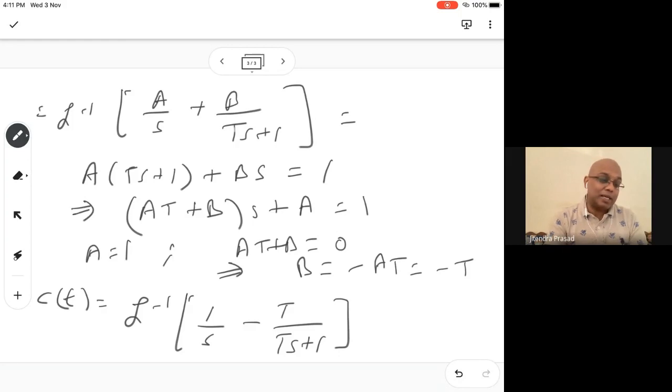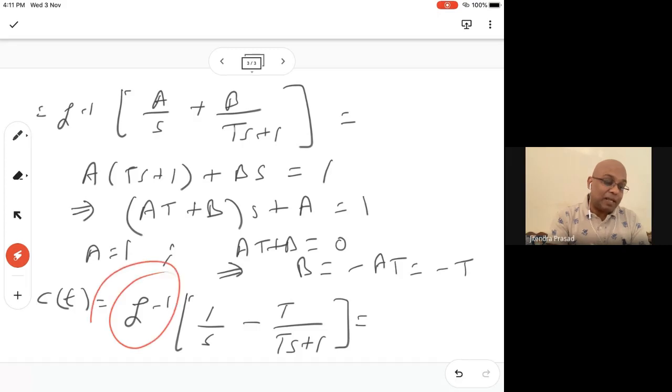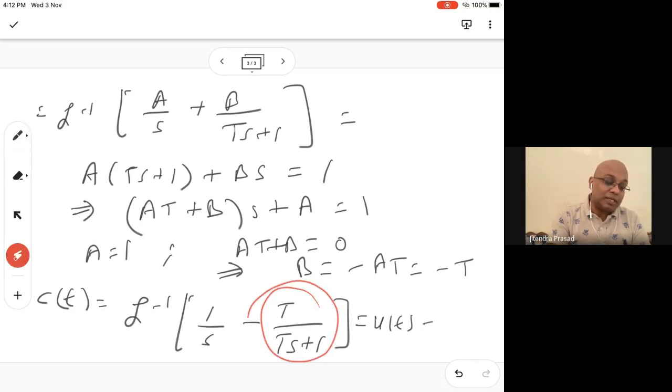So we get this one, and take the inverse Laplace transform. This one is nothing but the unit step function, so you get u(t) minus, and the value of this will simply be e to the power of... So this t you can divide here, so this becomes s, and this 1 over T here.